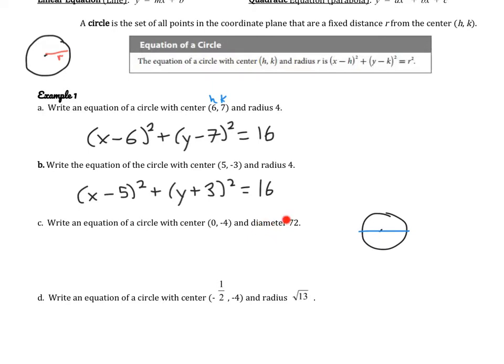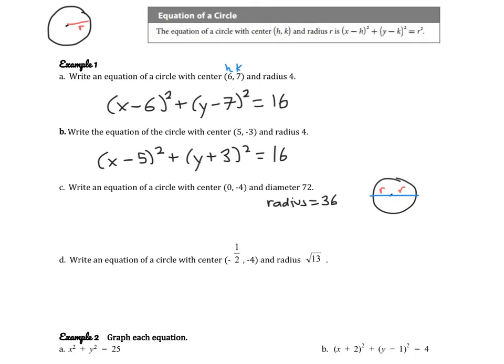So our diameter is always going to be twice as long as our radius. So if you take 72 and you divide it by 2, we get a radius of 36. So just be careful. Sometimes you're not given the radius, you may be given the diameter. It's easy enough to find the radius, you just have to be aware of that.